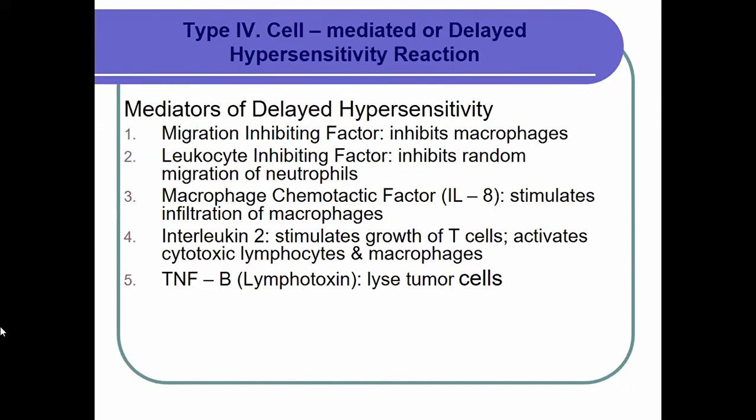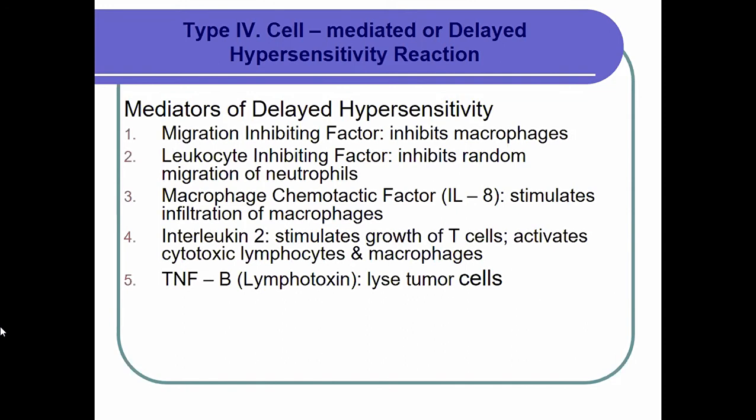So what are the mediators of the type 4 hypersensitivity reaction? We have the migration inhibiting factor, which is inhibitory to the macrophages. Then we have the leukocyte inhibiting factor, which causes inhibition of the random migration of neutrophils.